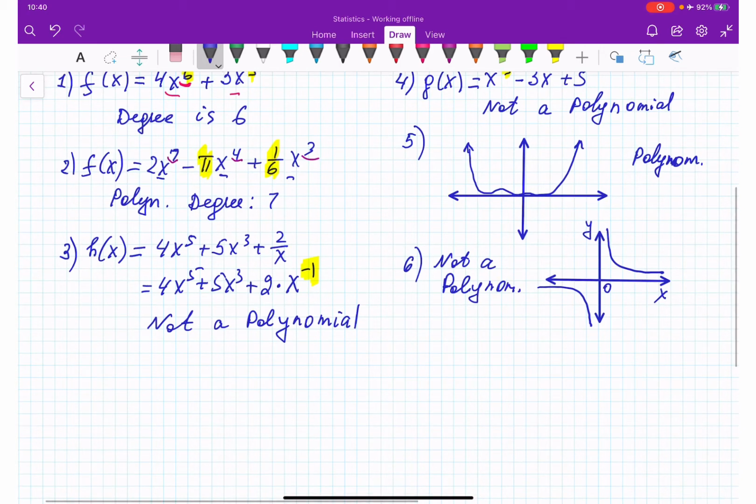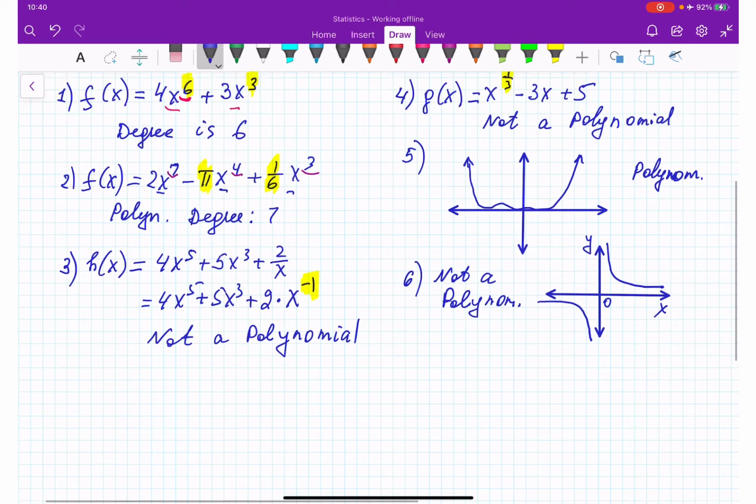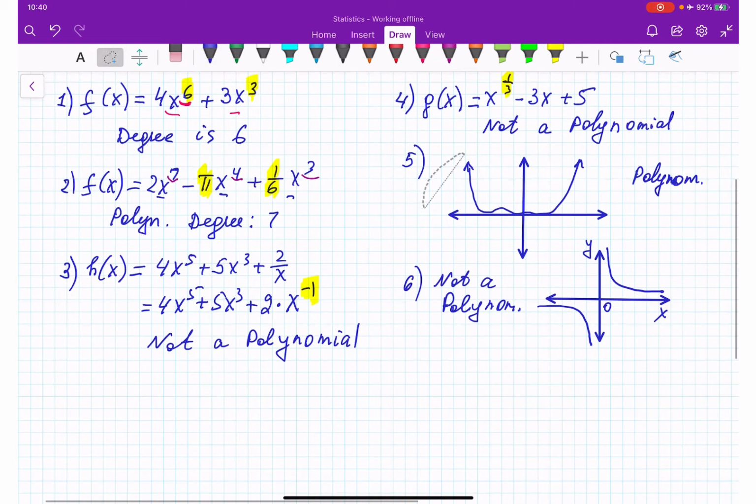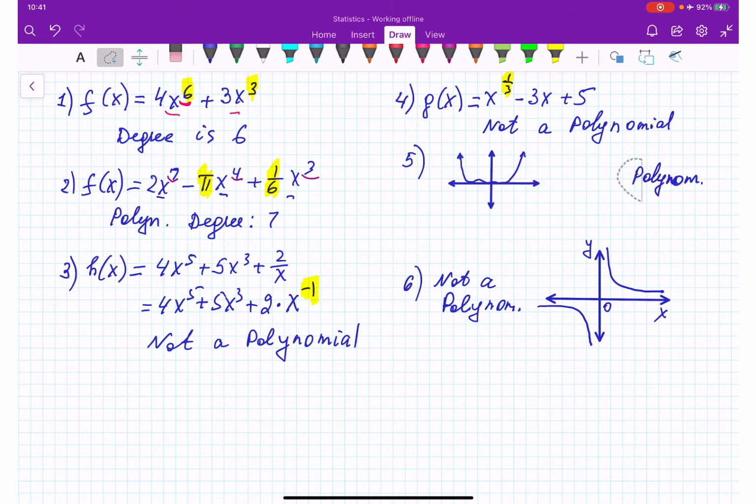Number 7, and this is identification by graph. Let me make this one smaller so it's not taking too much space. Much better. And this one also.